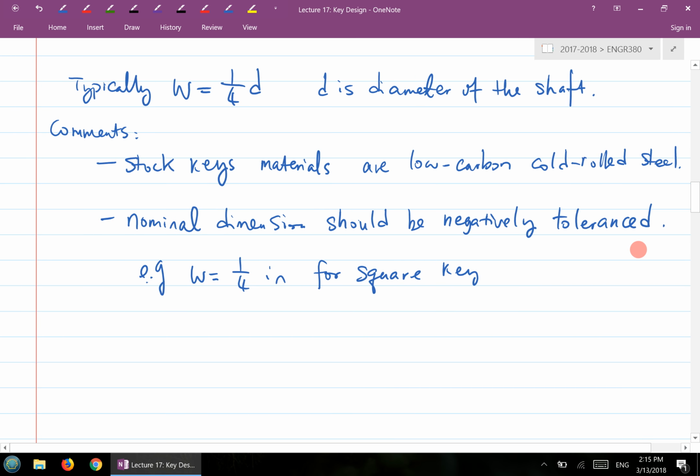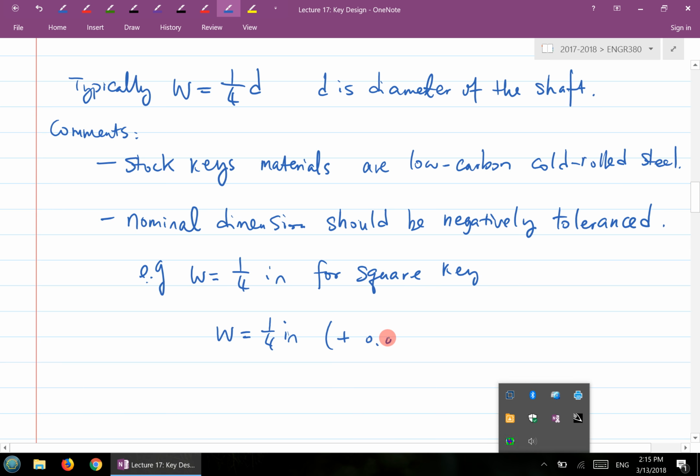For the nominal dimension, negative tolerance basically means you label this W equal to 1/4 inch, plus, for example, plus 0.000 and negative 0.002 inch. So that's what negative tolerance means for the dimension.